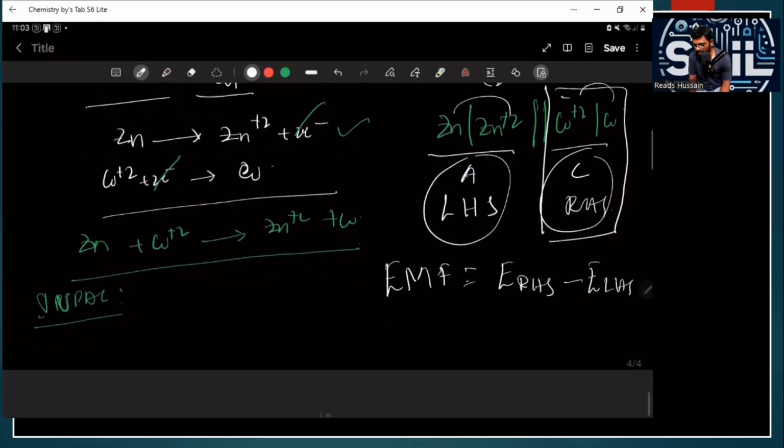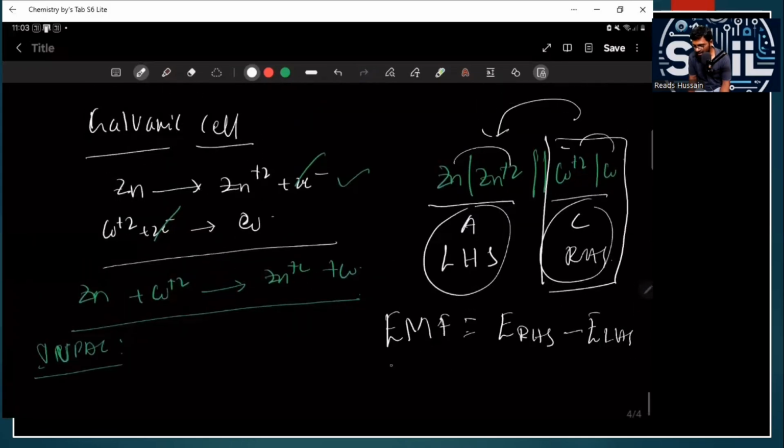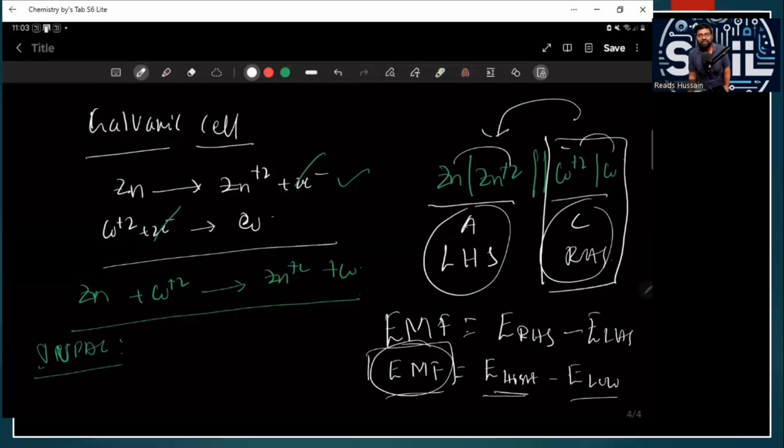Otherwise there is one more simple representation, my personal formula: EMF of cell is equal to E higher value minus E lower value. Whatever values are given in your exam, find out which is the higher value and which is the lower value. Subtract the lower value from the higher value and you will get the EMF of the cell. We'll discuss that in detail in the coming classes.